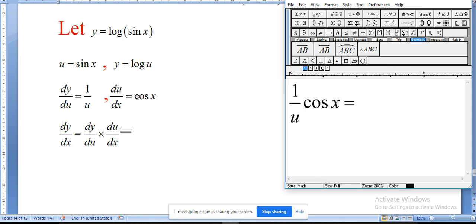But u is already known to us, so I will replace u by sin x. So it will become cos x upon sin x, which is equal to cot x.